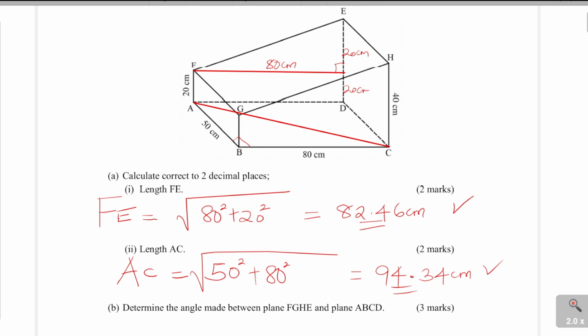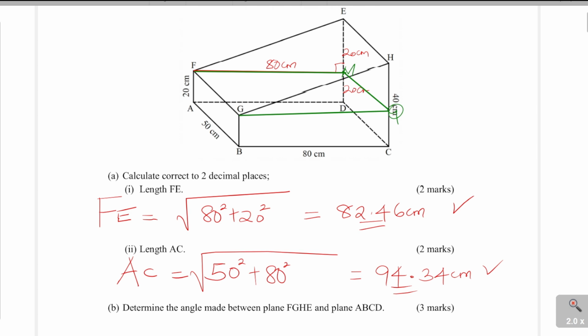So this is what I mean. Let me rub something here so that I can translate that. When you translate it, you'll have something like this. So I've translated plane ABCD onto the other plane. Let me name this one M and this one Q, so I've translated it to get FGMQ.